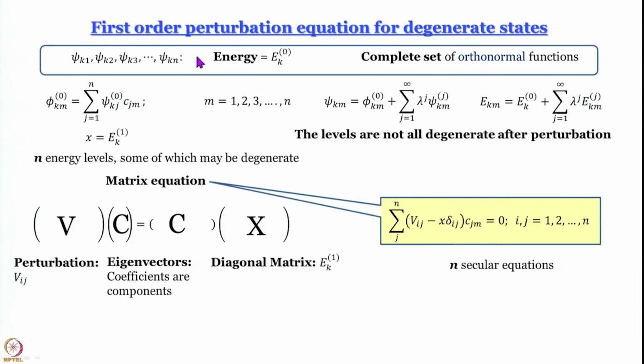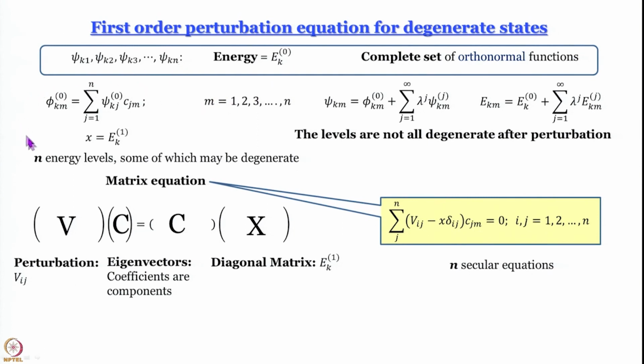We understood that for degenerate states, where you have n number of wave functions associated with the same unperturbed energy, where the psi denote a complete set of orthonormal functions, you cannot write the perturbed wave functions as psi 0th plus something.